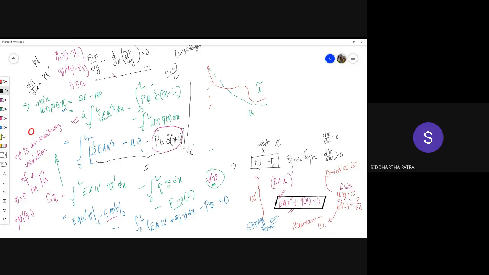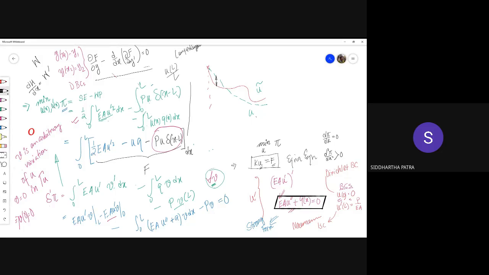Now, what was V again? The variation was the function lying in between the actual solution, the actual function that minimizes the functional or the definite integral, and a potential candidate for the solution.